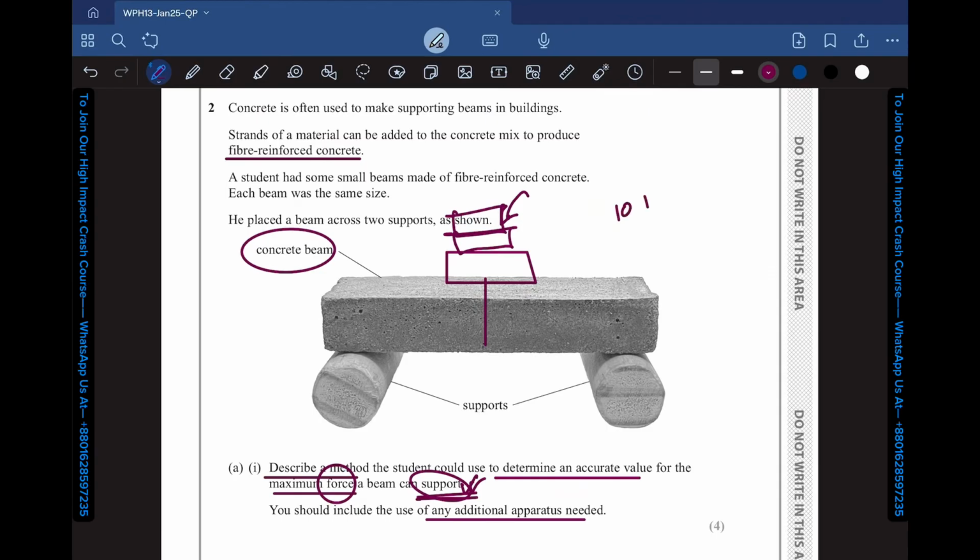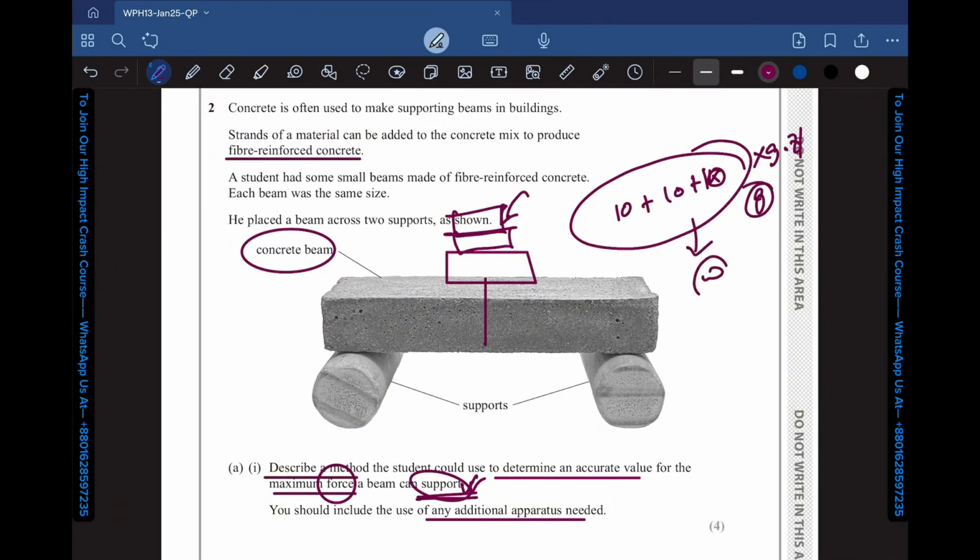Let's say we have increased 10 plus 10 plus 10 kg. After including them we will multiply it with 9.81 or g to calculate the weight, right? To calculate the weight we will use W is equals to mg to calculate the maximum force, because weight is the maximum force that this concrete beam can support, right?